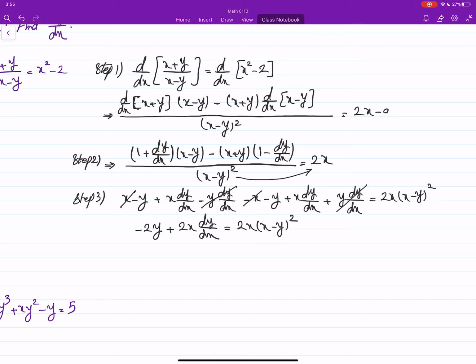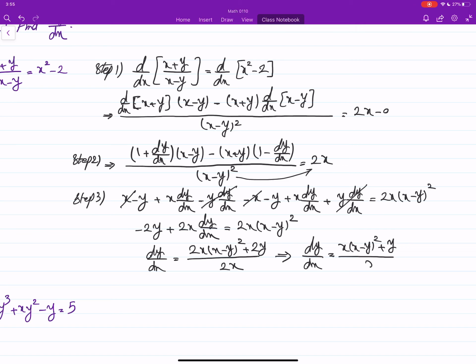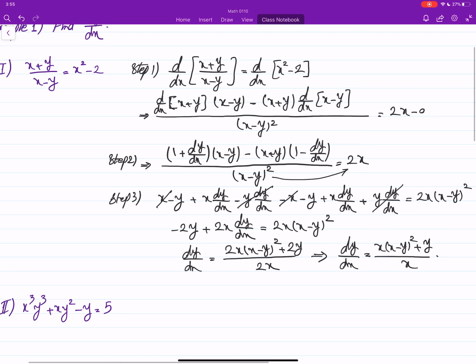Now take 2y to the other side and then divide by 2x. There we get 2x times (x minus y) squared plus 2y, divided by 2x. That's basically what we were looking for: dy/dx is x times (x minus y) squared plus y over x. So that's the first example.